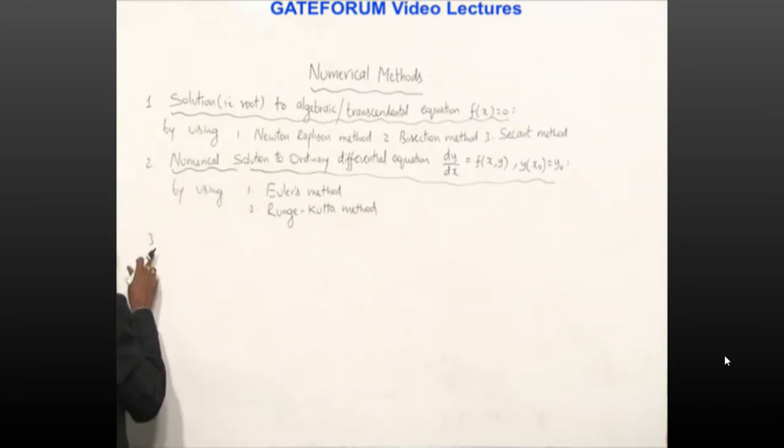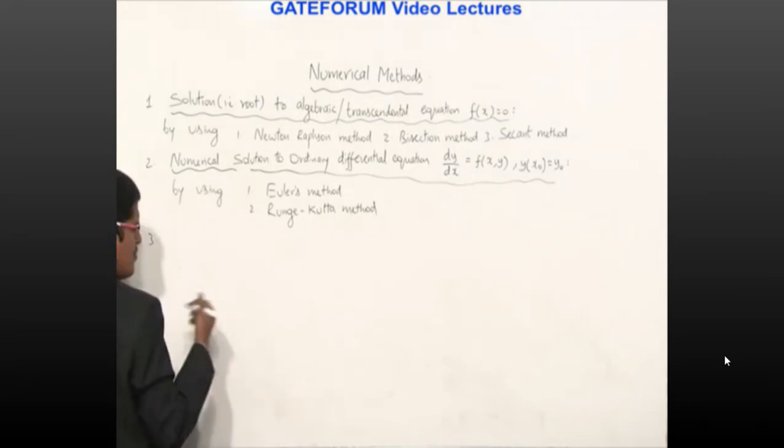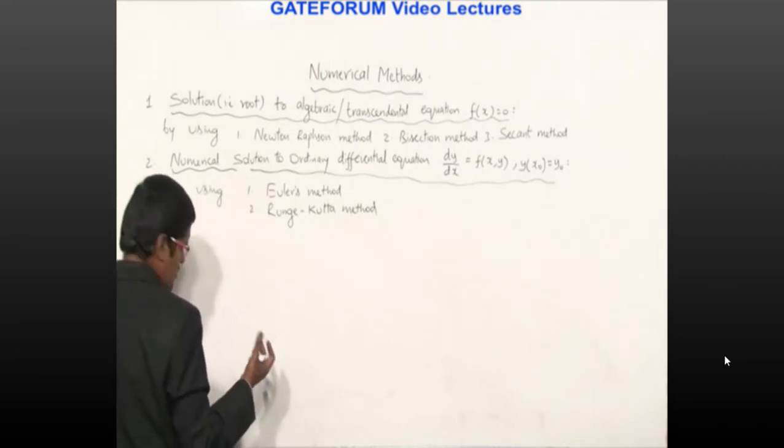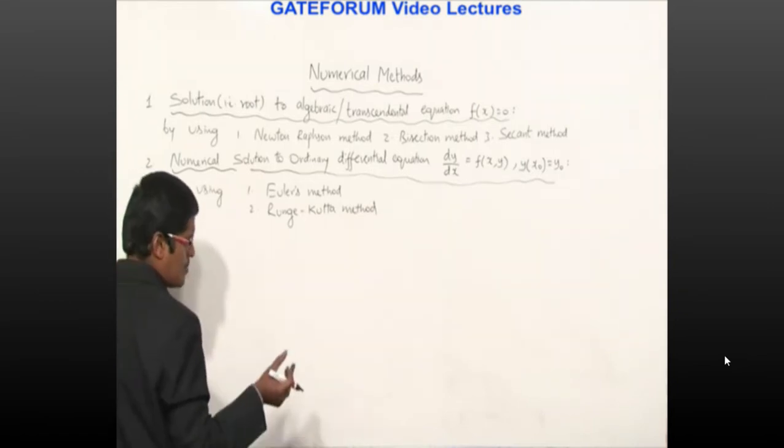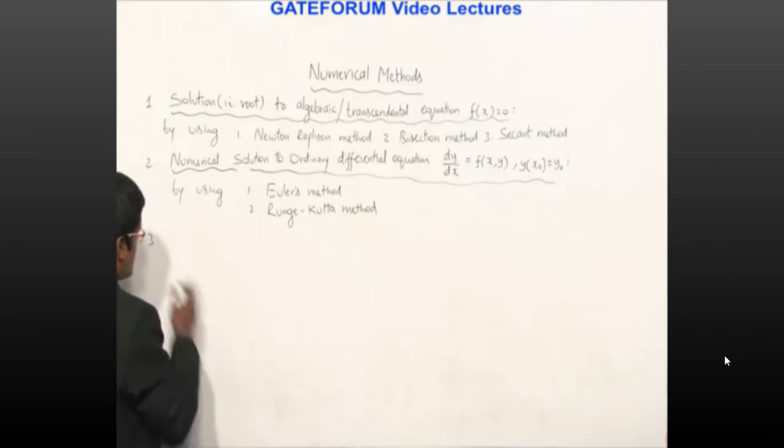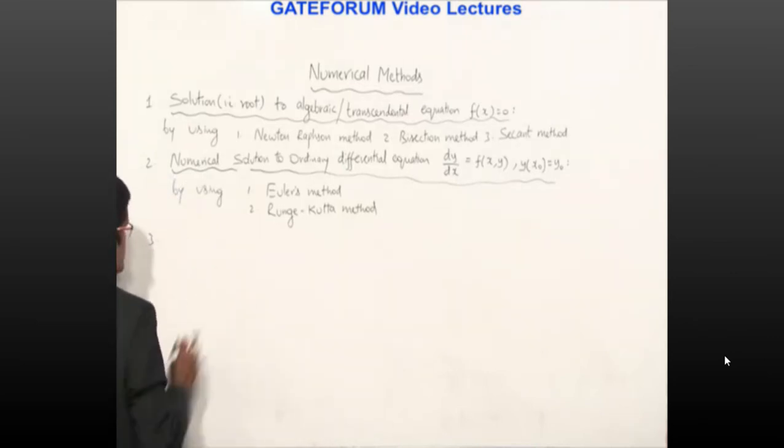The third one, this is not for EC and electrical, but it is useful in other entrances or higher studies, whenever you require some calculation purpose, some integrations, approximation method, that is Simpson's, trapezoidal rule, useful for all the streams.